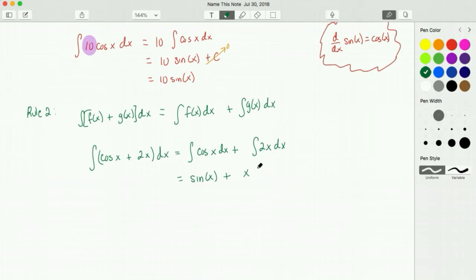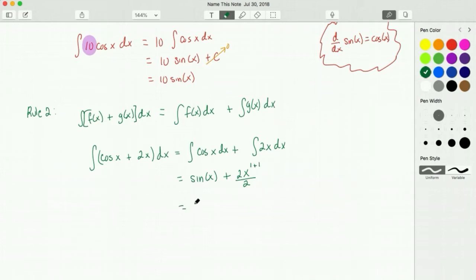What we do here is we add 1 to the exponent, and then we divide by whatever we get here.